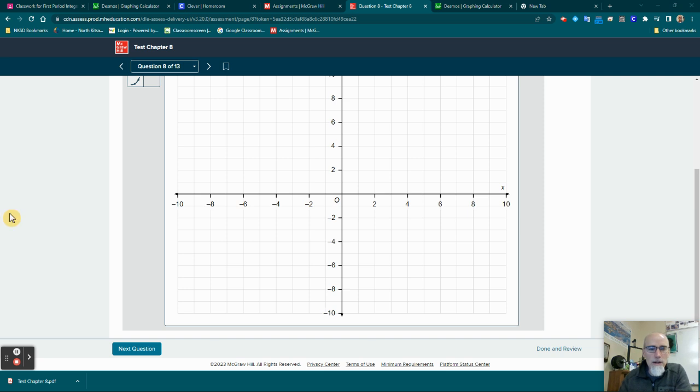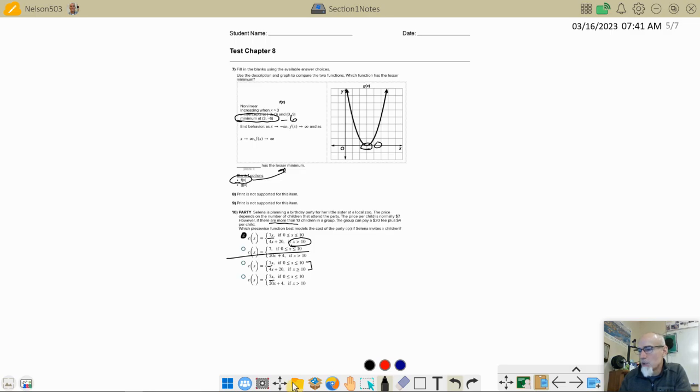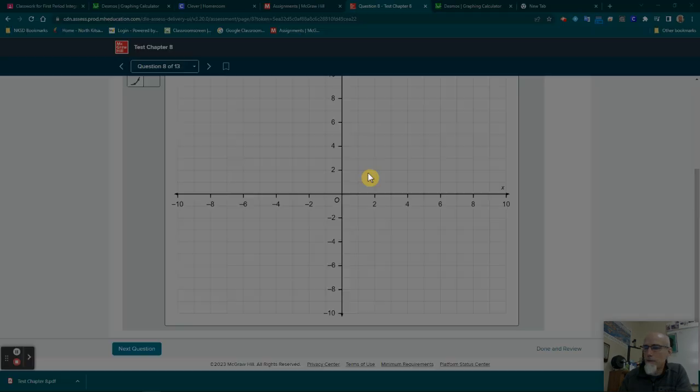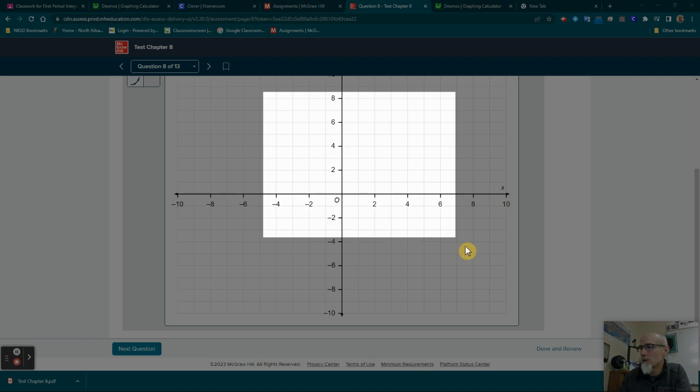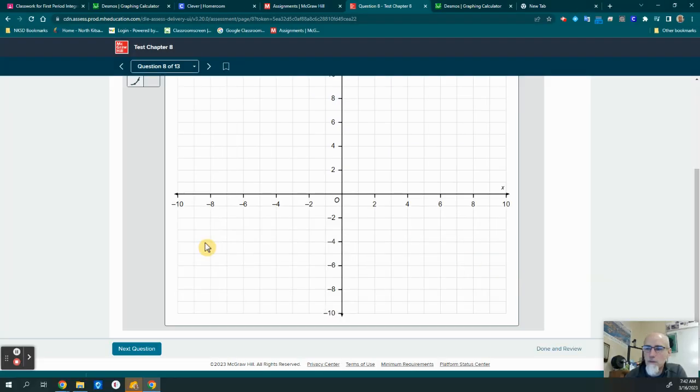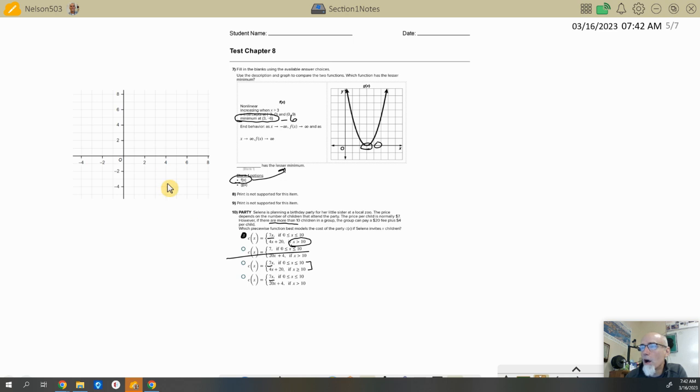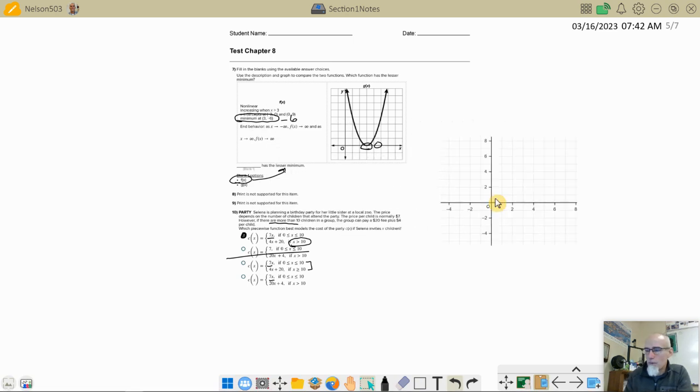And this is the one that got messed up on the computer grading system, because a lot of you had this as being correct, and it marked you wrong. So let's graph that real quick here. And so this is 3, this is 2. I'm going to connect those 2 points together with a straight line. And that's how you do number 8.